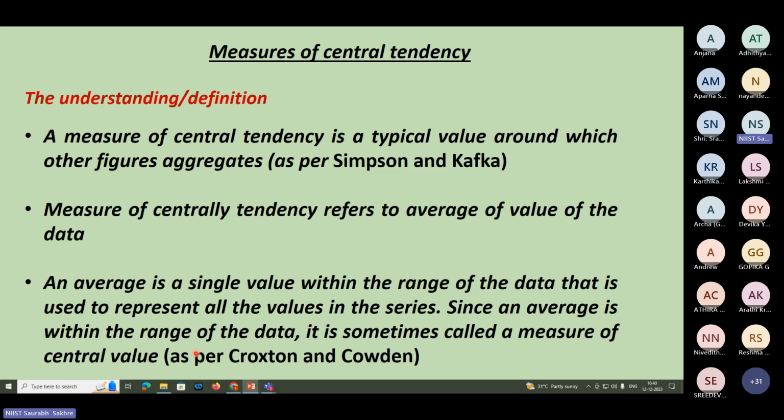Some will be very small and some will be very bulky, only selected kinds of people. But if you see, the majority of them will be in that range. 80% of the needs will be covered. So that 40 to 42 is a measure of central tendency. If you fulfill that, 80% of your task is done. That is what a measure of central tendency is, and that 40 to 42 is your average value. That is also called a measure of central value.